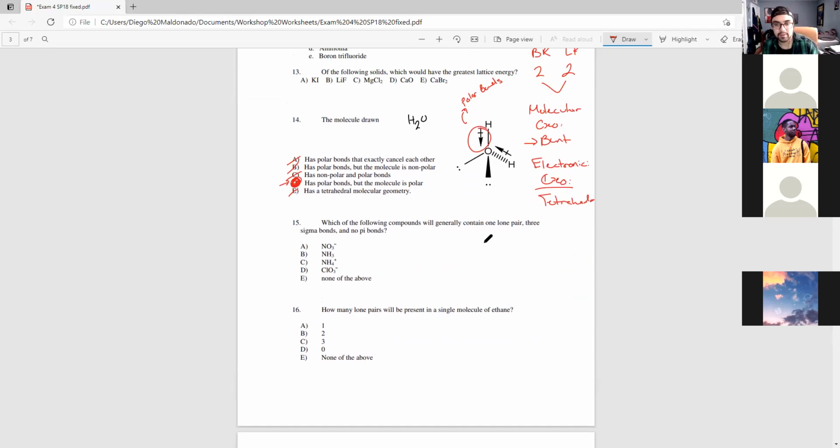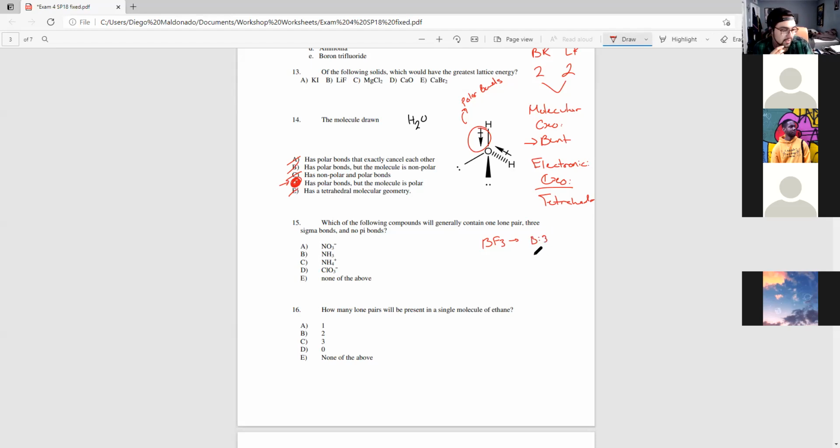Actually, let me go over that one example I wanted to go over. BF3, boron trifluoride. I'm going to try how you can draw this. How many valence electrons does boron trifluoride have? We'll go about it in the Lewis structure. Boron has 3 valence electrons.